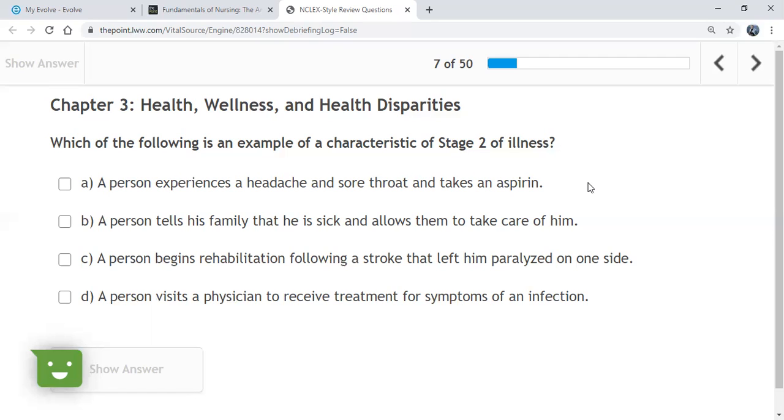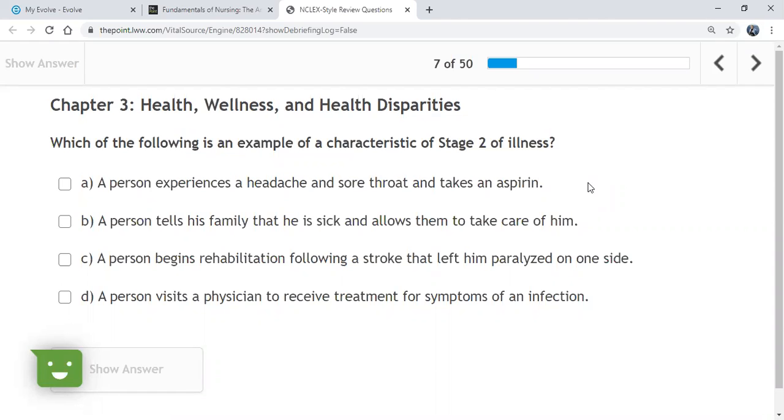And then in stage 2, now you're acknowledging that you're sick. So maybe you're a nurse and you call out and tell the job, hey, I'm sick, I got the flu, I'm not coming in today. In stage 3, you realize that you're sick and you need to get some sort of plan of care. So you actually go, you see a physician, and you start to receive treatment. So D is going to be stage 3 there.